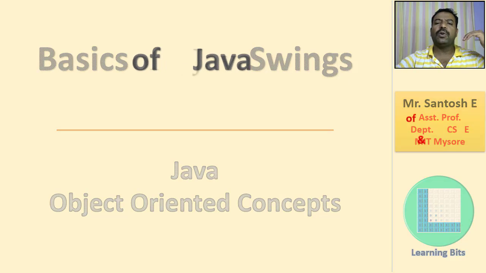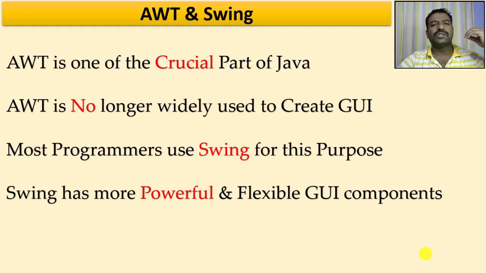Now when I'm going to talk about Swing, as usual, we need to compare this with the AWT, because Swing was developed to address a few issues of AWT. Whenever we talk about a Java application with respect to GUI, the AWT is one of the crucial parts of a Java program.